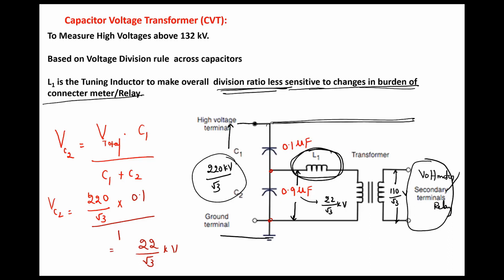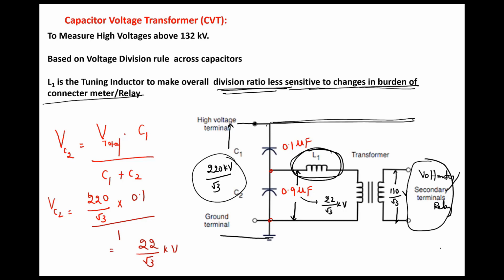Understand? So it is a tuning inductor which will make the voltage ratio more or less constant, irrespective of whether you are connecting a voltmeter or relay, or whatever secondary impedance is offered by that voltmeter or relay.